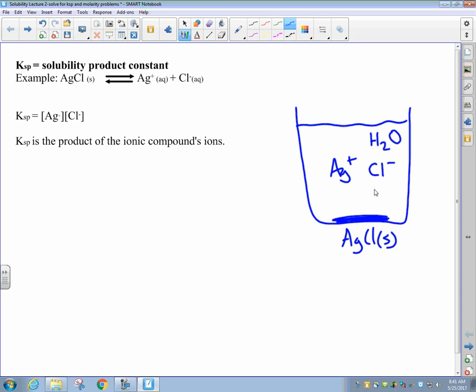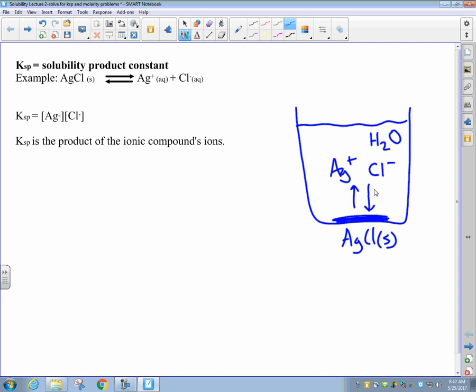Eventually, your system will reach an equilibrium where a silver ion and a chloride ion will come into contact with one another and precipitate out. And the rate at which that precipitation occurs will equal the rate at which the silver chloride dissolves. So you establish an equilibrium within your container where the rate of dissolving is the same rate as the precipitation.